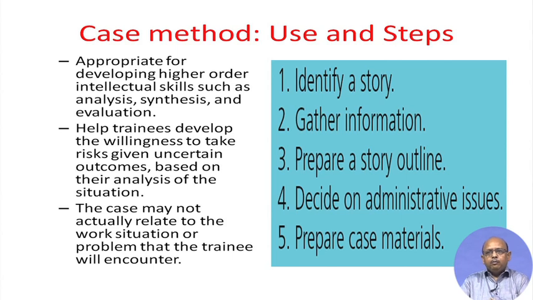We have to find a story means you have to see whether this kind of problem has happened somewhere. Maybe recently there was a case related to IR in a particular factory. So, we can go and see what the story was, what was the dispute that happened. So, collect the information, prepare an outline, look at the various issues and then prepare a case material. And this case can be discussed in the class.